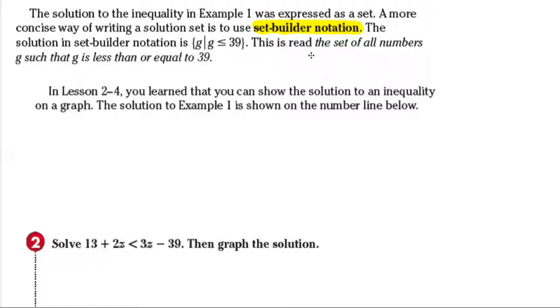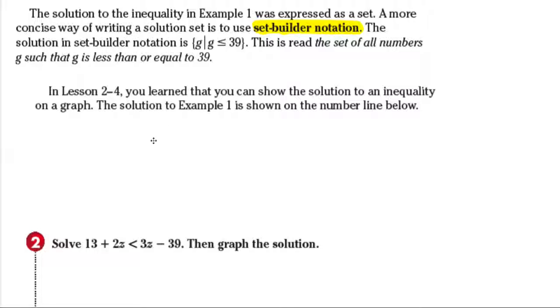You read this as the set of all numbers g such that g is less than or equal to 39. So you guessed it, your answers when you do your exercises should be in set builder notation form.